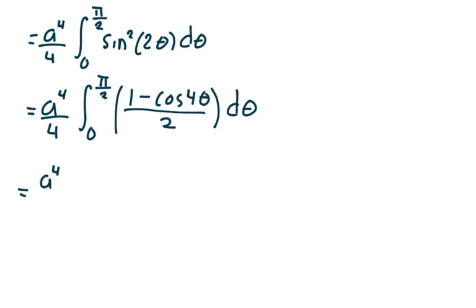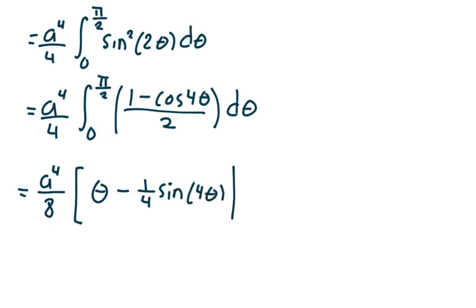And if you don't mind, I get a to the fourth over 8 times theta minus 1/4 sine of 4 theta evaluated from 0 up to pi over 2.